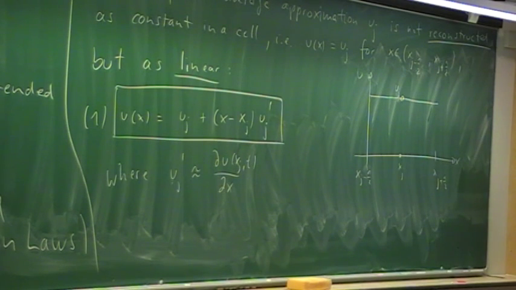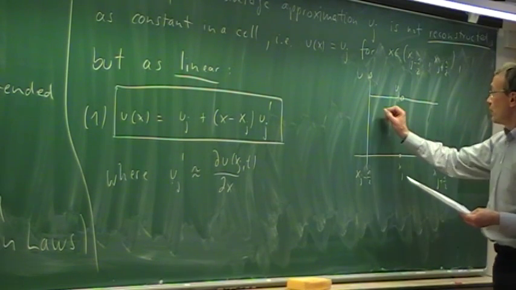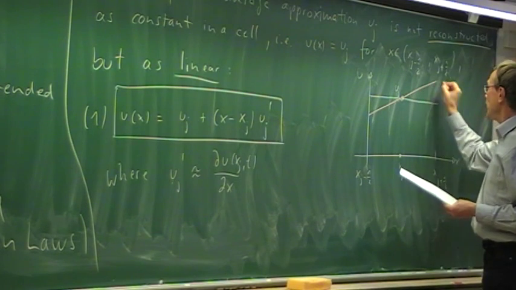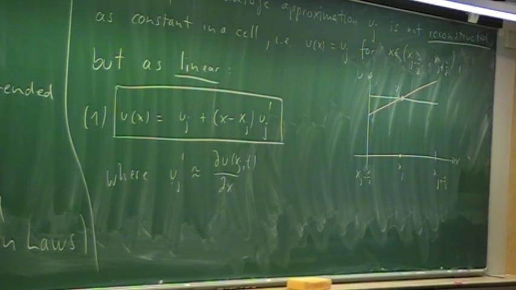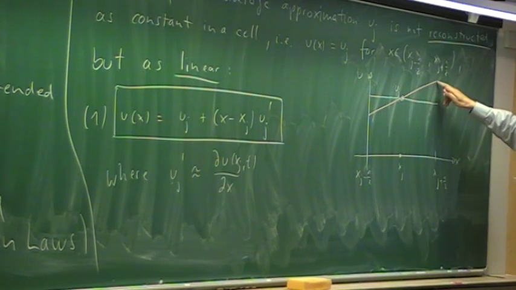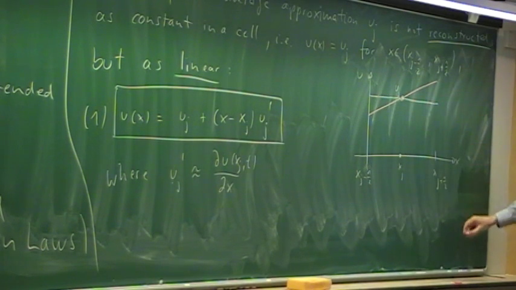So what will that look like? For example, if you have this example here, we could have a distribution maybe like that. So that we have a linear distribution. But we do it in such a way that the average that we have for the linear distribution is the same as the average for the constant distribution.